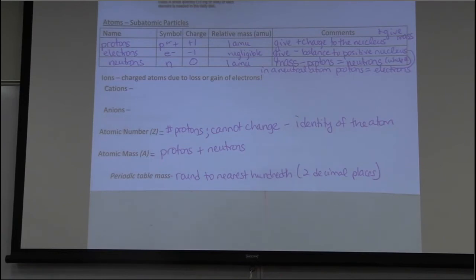Positives always stay the same. The only thing you can change are the electrons, which are negative. So let me ask you a question. This will make sense to you. If you surround yourself by negative people, what do you become? Negative. If you lose those negative people, what do you become? Positive. Then just remember that.